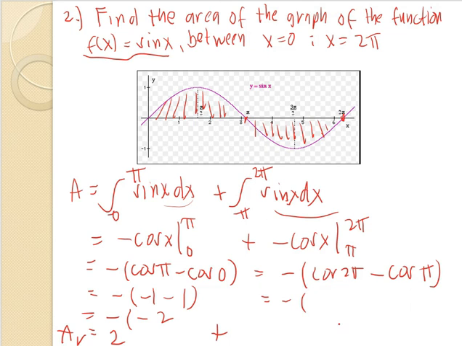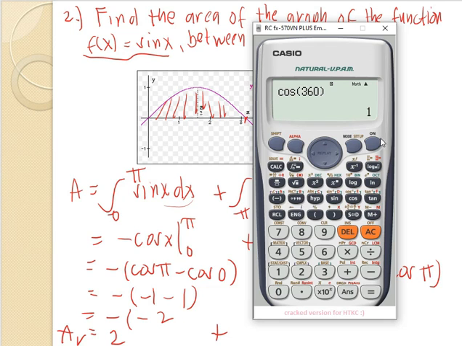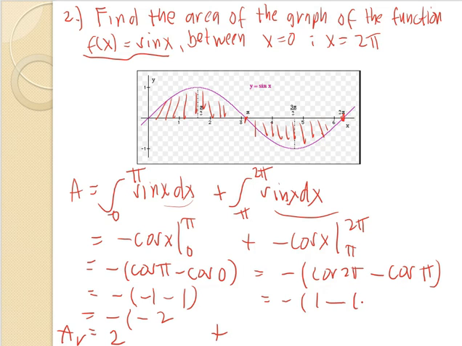We place 1 here. Minus cosine of pi, or cosine of 180. Cosine of 180 is negative 1. 1 minus negative 1, so negative times negative will be positive. Our area for this region is equals to negative 2.